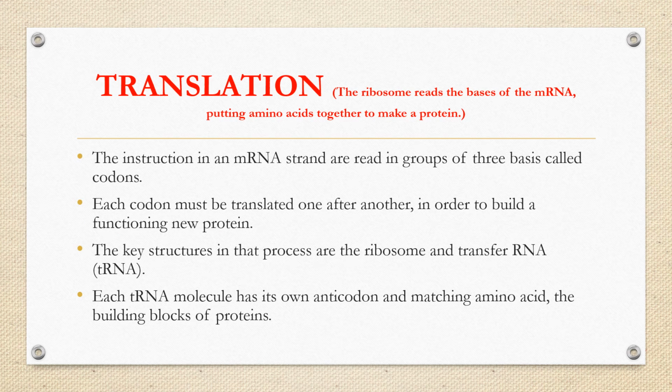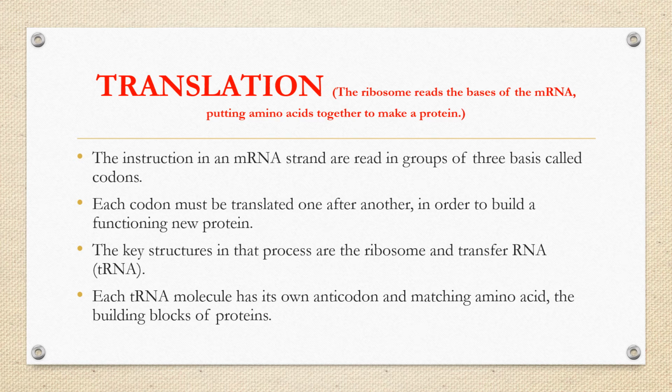And translation is when the ribosome reads the bases of the mRNA, putting amino acids together to make a protein. The instructions in an mRNA strand are read in groups of 3 bases called codons. Each codon must be translated one after another in order to build a functioning new protein.